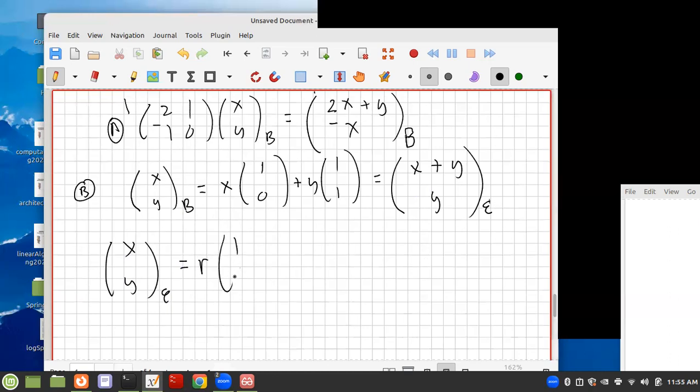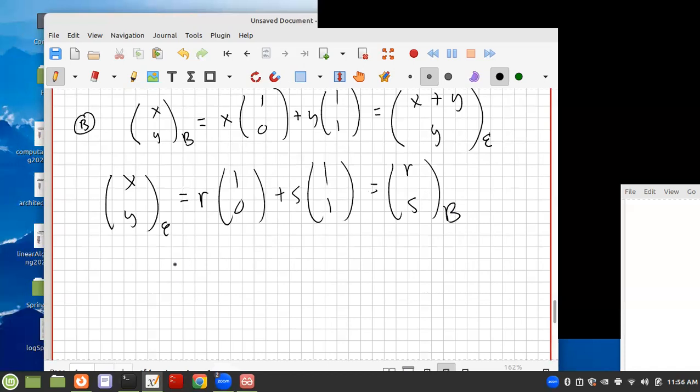Well, that's going to be r times (1, 0) plus s times (1, 1), which equals (r + s, s). What I want to do is solve for r and s in terms of x and y, and this is just going to equal (r, s) in basis B.